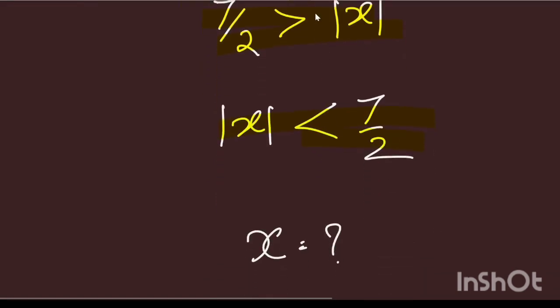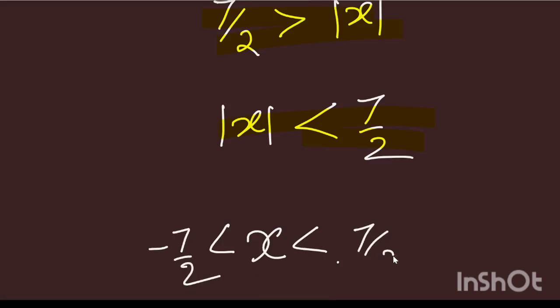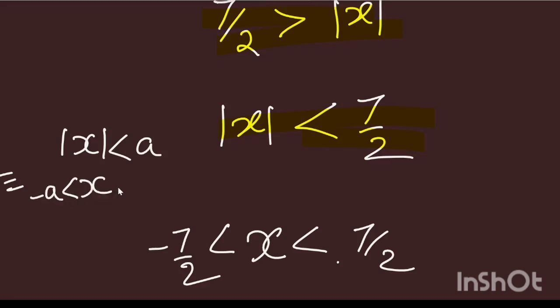And what is x then? So guys, we know again from the formula for modulus that x is from minus 7 by 2 to plus 7 by 2. The formula is: mod x is less than a, then x is from minus a to plus a. So this value that we got is the domain.